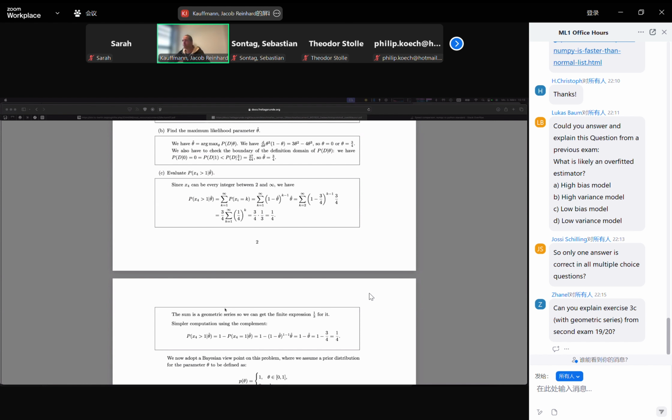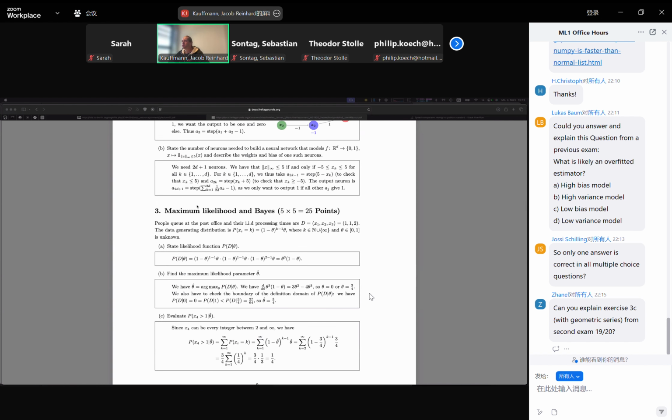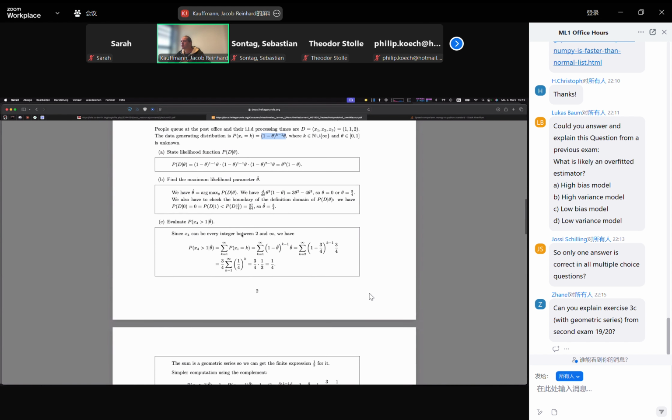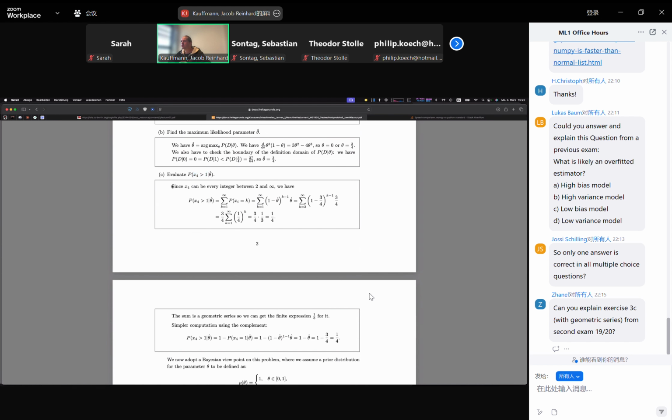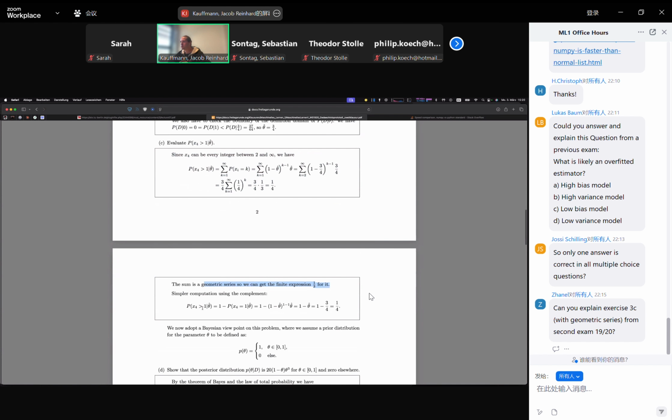So there's a question about maximum likelihood and Bayes, where you have a distribution, and then you should evaluate the probability that a measurement is strictly larger than 1. The people who wrote the solution argue with a geometric series, but I think this is too complicated.